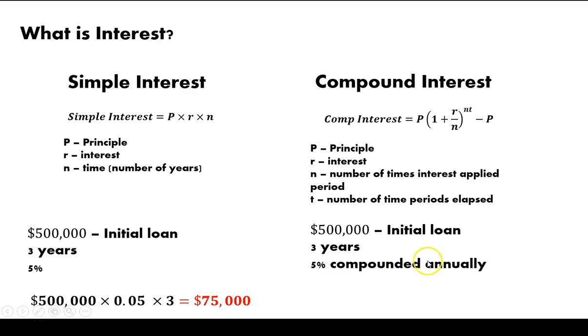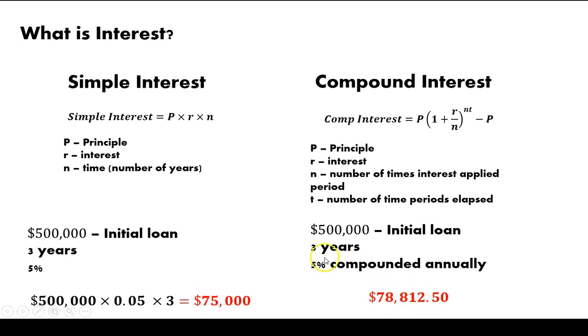So every year we're recalculating the interest, and we're doing that for 3 years. If you work through the formula, that comes out at $78,812.50. So as you can see, compound interest grows a lot faster than simple interest. Over the same period, you've paid $3,000 more.